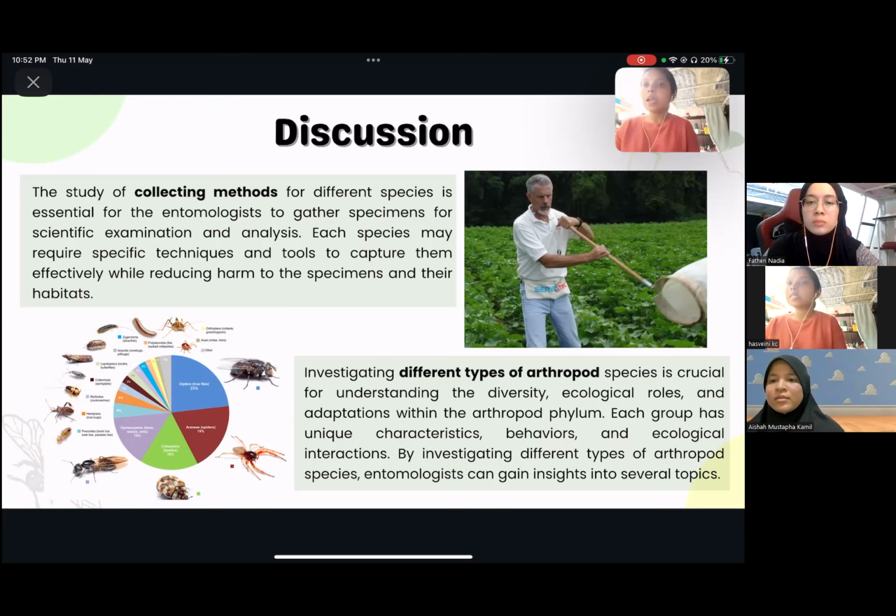By investigating the different types of arthropod species, entomologists can gain insights into several topics such as the taxonomy, classification, and behavior of insects. From that, entomologists are able to identify every species and differentiate them accordingly. Moving on to the next.